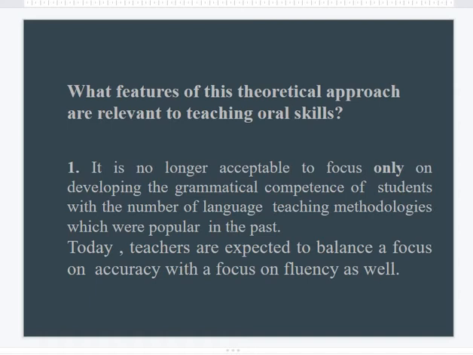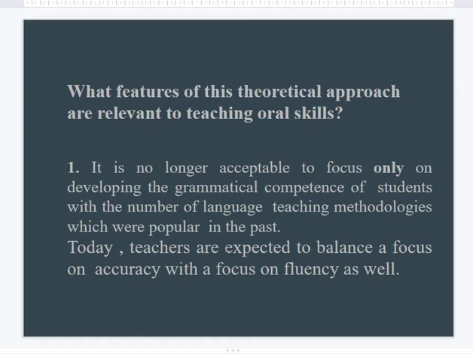And for this purpose, in teaching oral skills, it is also very important that focus should not be given only to developing the grammatical competence of the students. Focus should also be given to developing oral skills and how to speak very well in different sociolinguistic contexts.